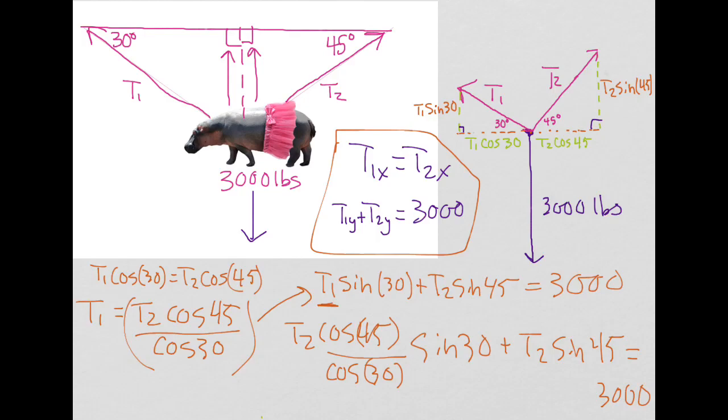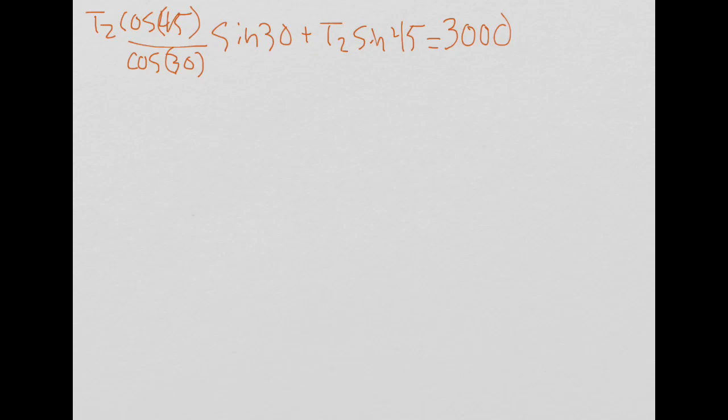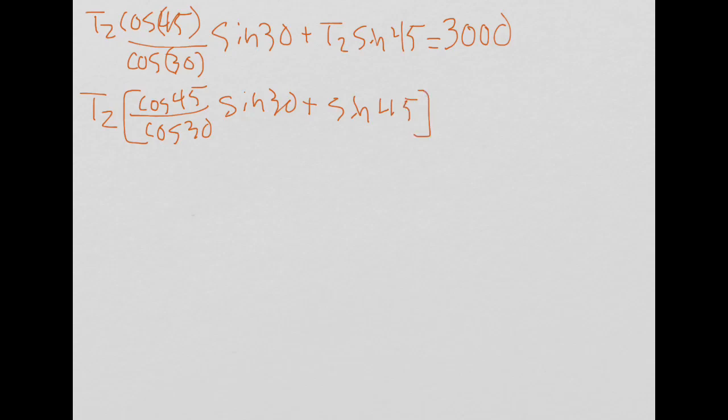Well, now I need to solve for T2. So to do that, you need to factor out a T2. So factor out that T2, pull it out front. What are you left with? You're left with cosine of 45 divided by cosine of 30 times the sine of 30 plus the sine of 45, and all of that equals 3,000.